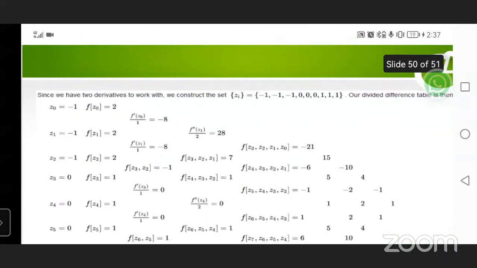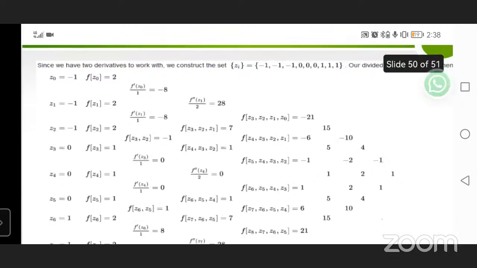So now we'll go to the divided differences table. Since we have two derivatives to work with, we construct the set wherein we have -1, -1, -1, 0, 0, 0, and 1, 1, 1. Our divided differences table is then this.